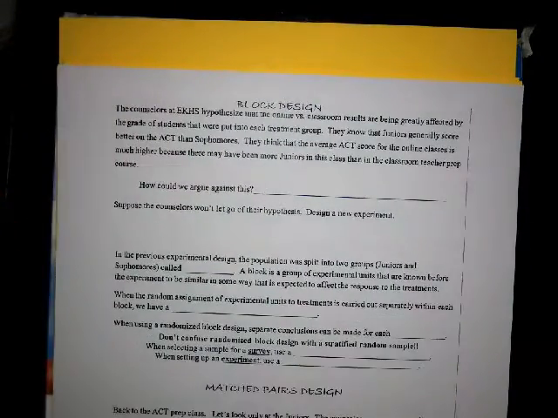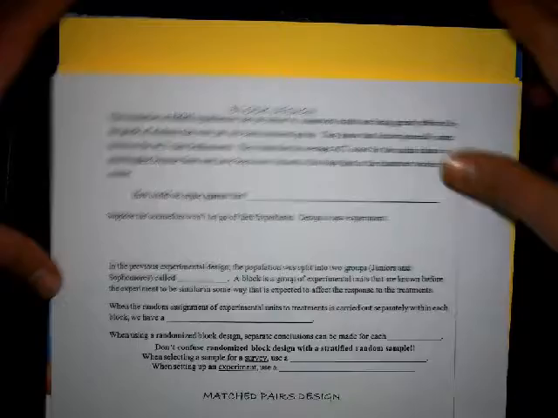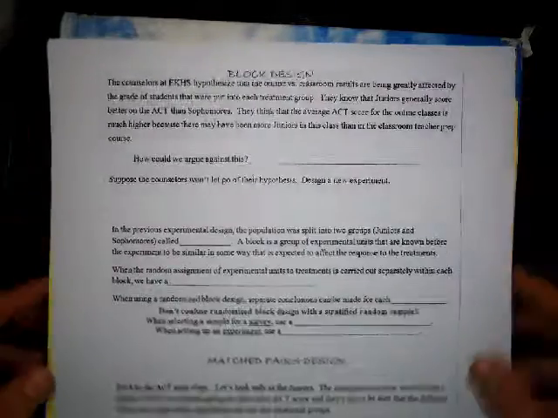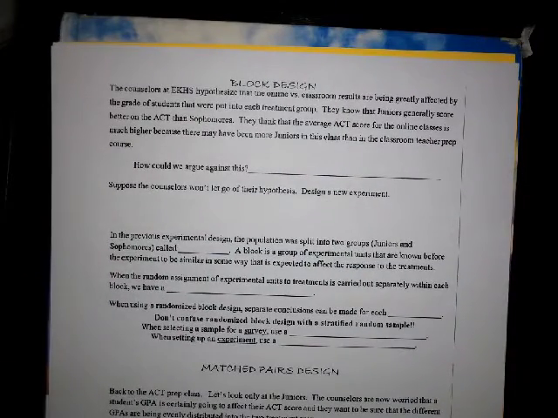So the first one we're going to look at is called block design. The counselors at EKHS hypothesized that the online versus classroom results are being greatly affected by the grade levels of students that were put into each treatment group. They know that juniors generally score better on the ACT than sophomores. They think that the average ACT score for the online class is much higher because there may have been more juniors in that class than in the classroom teacher prep course.